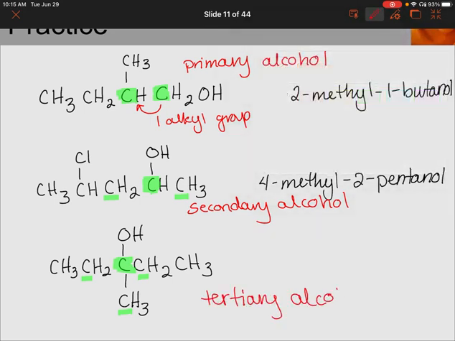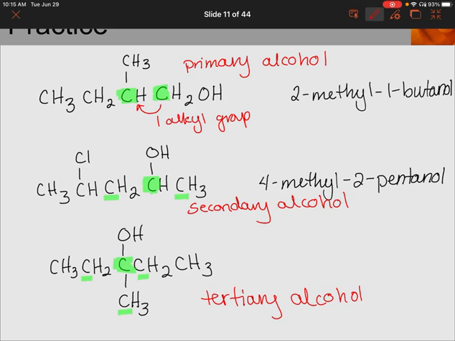Now you might be wondering, why do we care? Why are we classifying all of these alcohols? This is going to be important when we start talking about alcohol reactions. For instance, primary and secondary alcohols might produce one type of product, and tertiary alcohols might produce a completely different type of product.